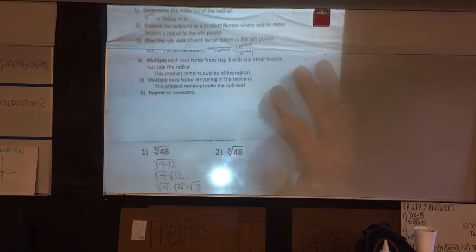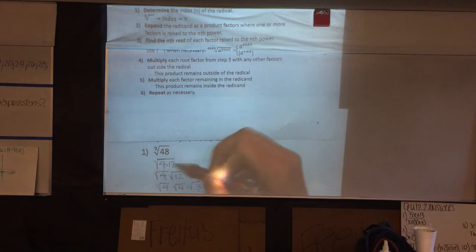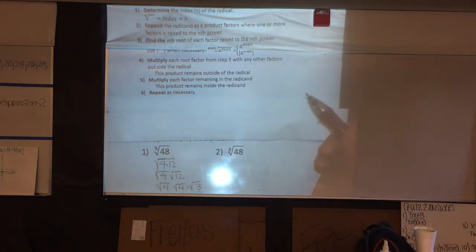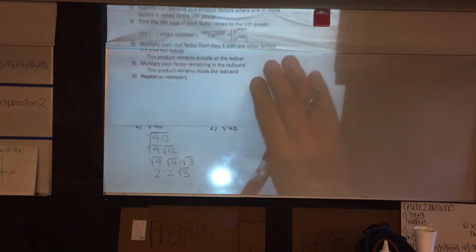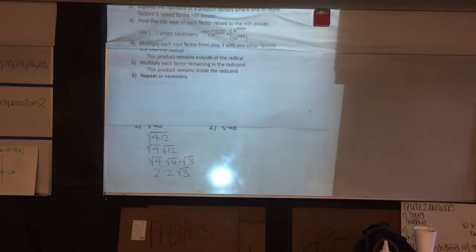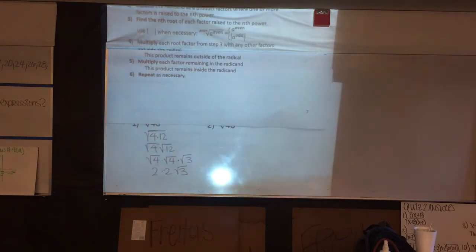And some of you may have picked a bigger square, like square root of 16, because 16 times 3 is also 48, and that would work as well. And now I know that I can square root this because square root of 4 is 2, and I can't square root 3 or break it down into a perfect square that's different than 1, so I'm going to leave it like that.